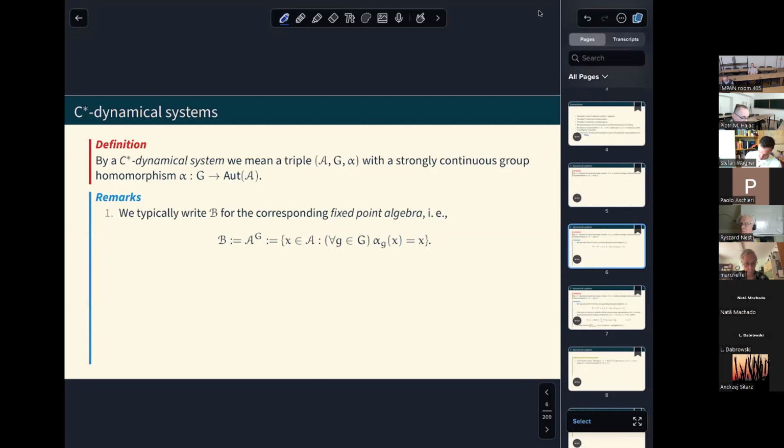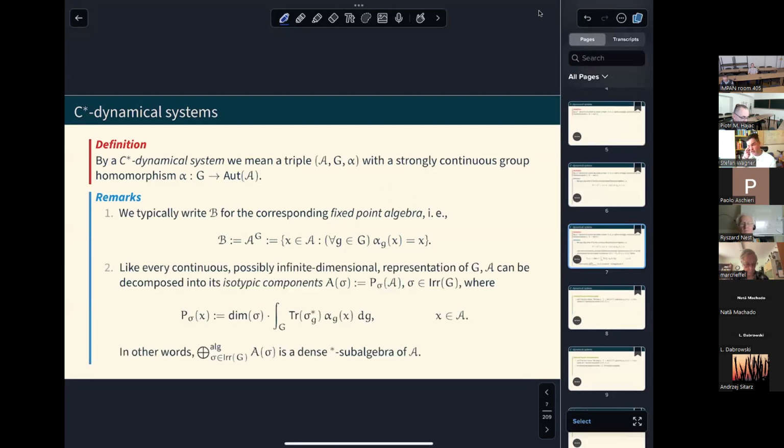Now, one of the reasons I'm only looking at compact groups is that in this case I have the Peter-Weyl decomposition, which means that every continuous, possibly infinite dimensional representation, here A, can be decomposed into its isotypic components. You have these isotypic components, and these projections here.